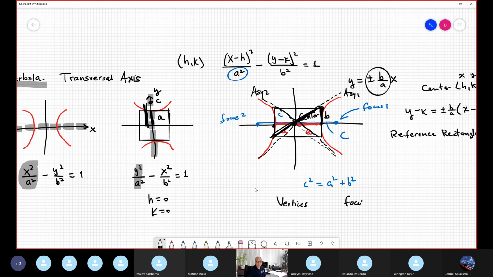And this distance is a. And this distance is b. Therefore, the only thing that changes is the equation for the asymptote: y equals plus or minus a over b x. This is when the center is at 0,0. If the center is not 0,0 but h, k, then y minus k is equal to plus or minus a over b parenthesis x minus h. End of the story.